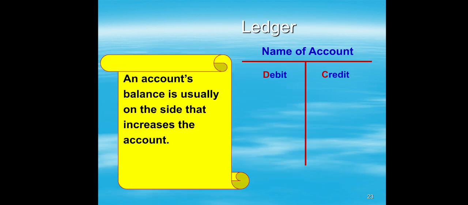Like I said earlier, in the ledger there are many accounts. The accounts that I mentioned are called T accounts. Why do we call it a T account?